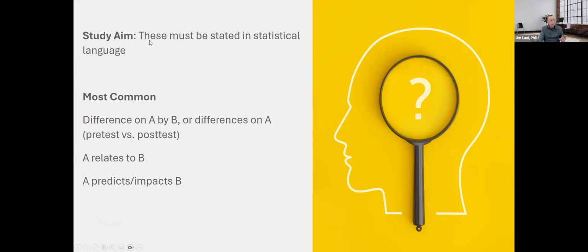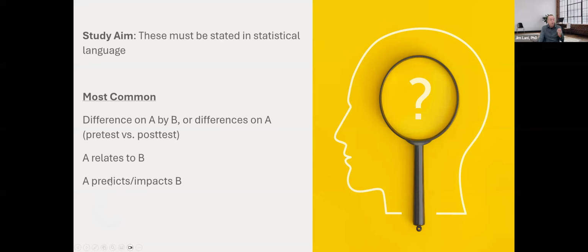So, study aim, statistical language. Here were the most common ones. I'm sure you could say this in lots of ways, but are there differences on A by B? Or are there differences in pre-test to post-test? That's the type of question. Does A relate to B? Relationship kinds of question.